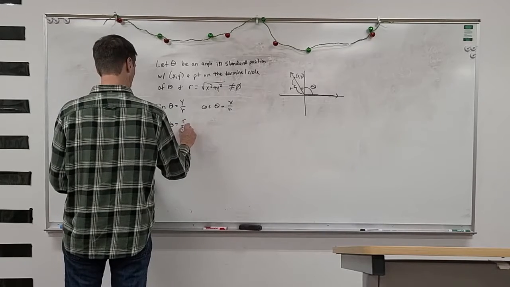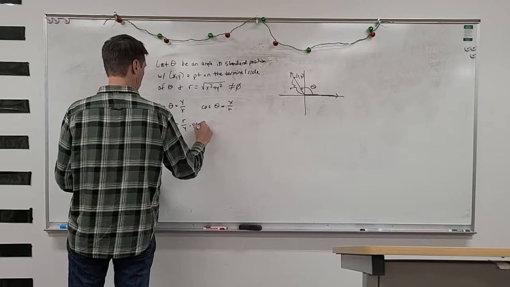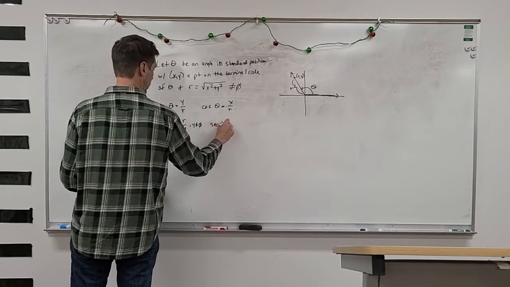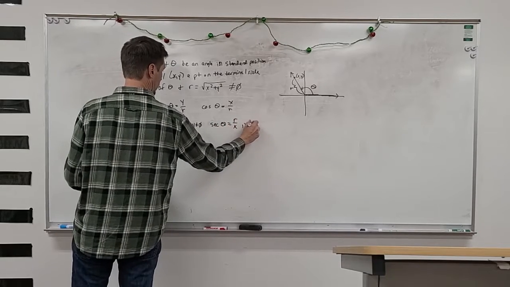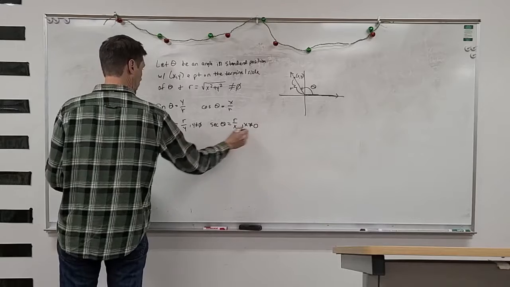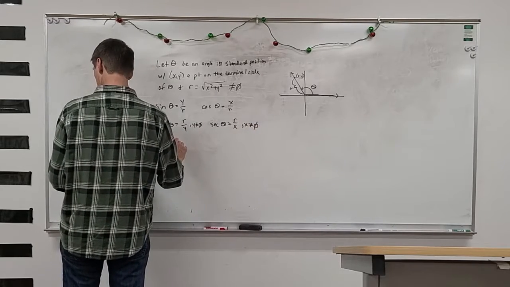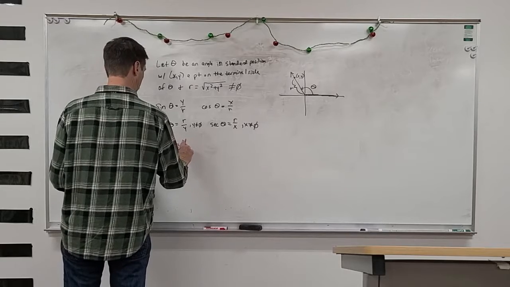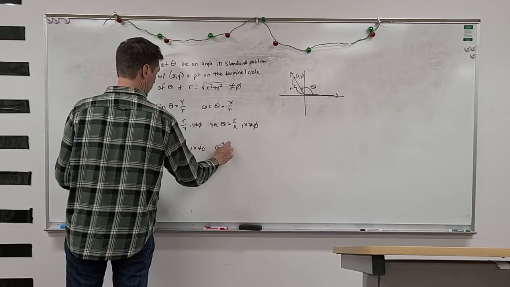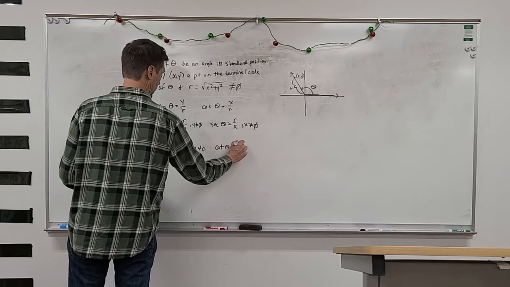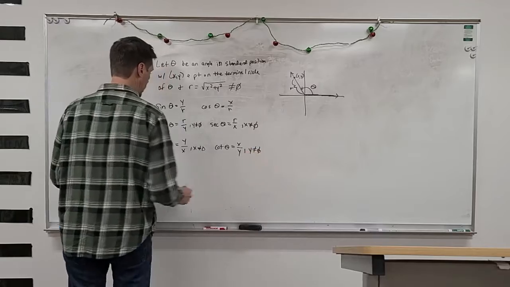Cosecant is r over y, where y does not equal 0. Secant theta equals r over x, where x does not equal 0. Tangent theta is y over x, where x is not 0. And then cotangent theta is x over y, where y does not equal 0.